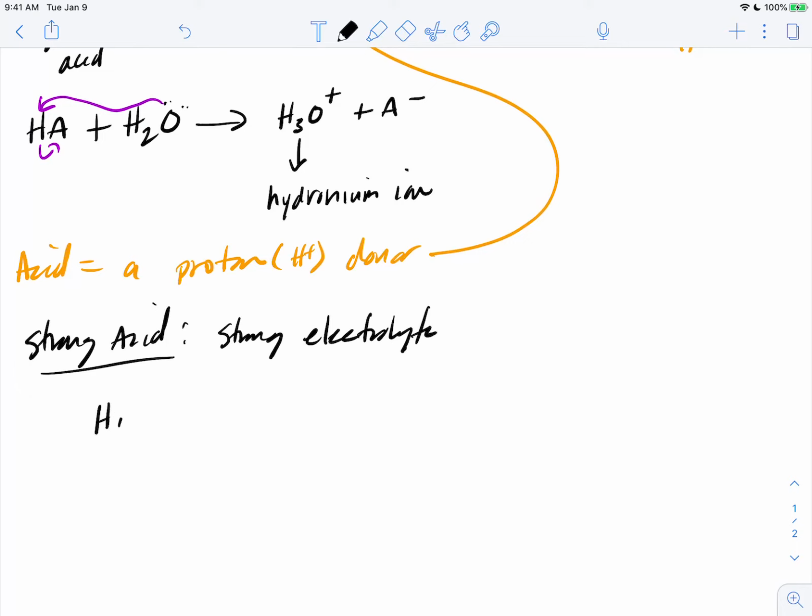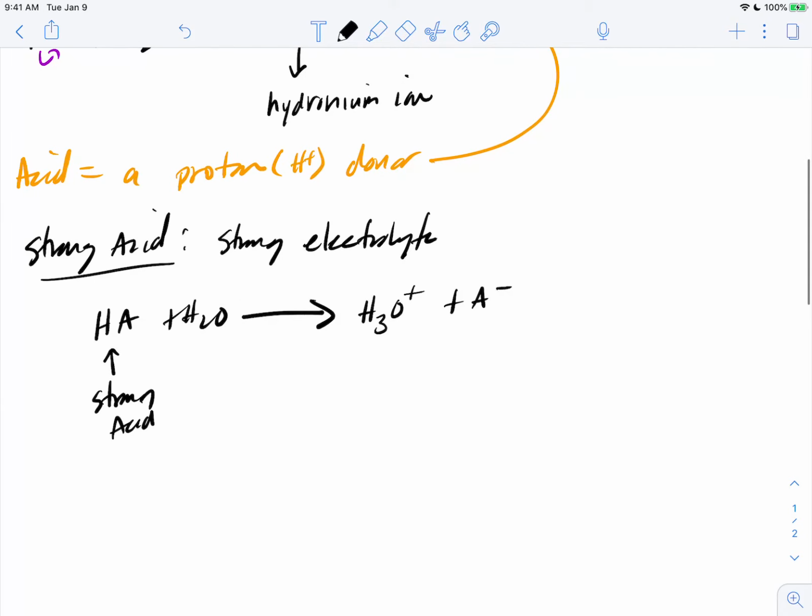If we have HA, which we call a strong acid, plus H2O, that's going to have a one-directional arrow showing that the reaction only proceeds in the forward direction, and you get H3O plus and A minus. So if you have 1.0 molar HA, you'll end up with 1.0 molar H3O plus and 1.0 molar A minus.